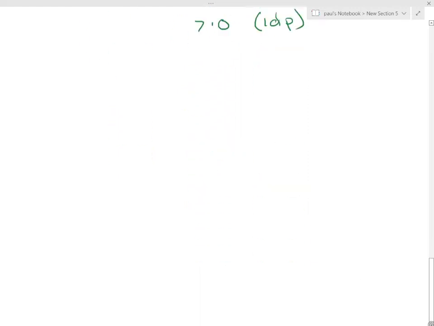Right, the other way of rounding that we looked at was significant figures. A little bit different, but more or less the same.